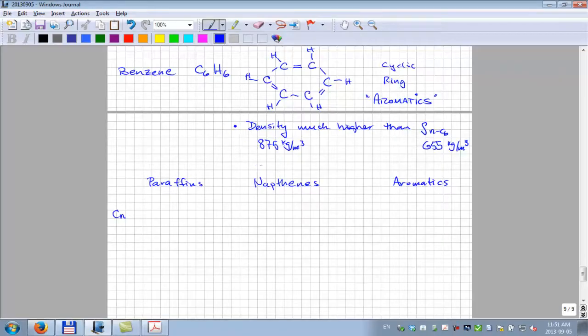So often we refer to the chemical makeup or character of hydrocarbons in terms of, is it more paraffinic, do we have more straight chain, do we have more aromatics, and the naphthenes kind of also come in. So sometimes this is referred to as a P&A. Sometimes they measure, for a given carbon number, how much of the compounds are paraffinic, how much are naphthenic, and how much are aromatic. Sometimes it's quantified.